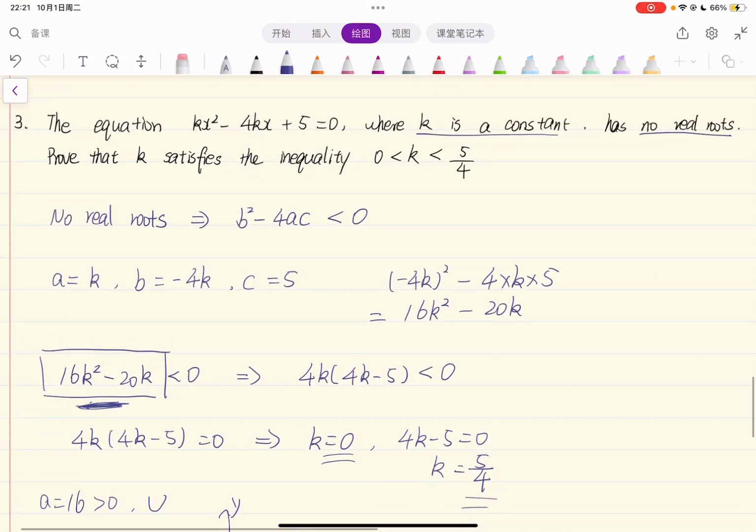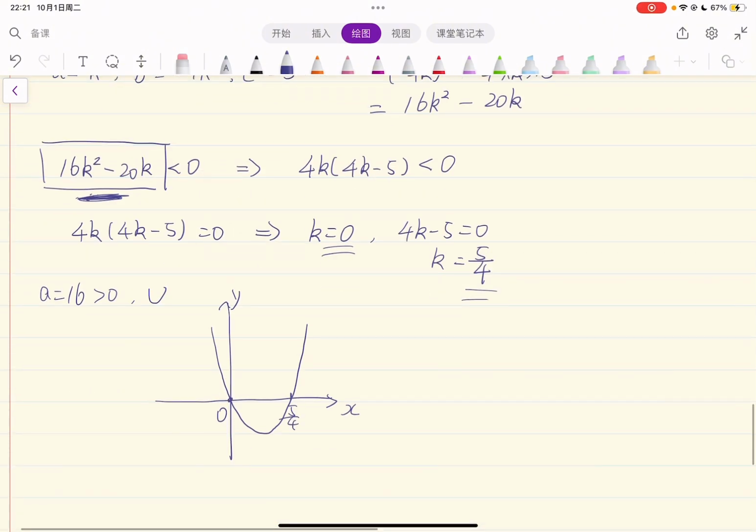And then we want to find the values where 4k times (4k minus 5) is less than 0. Less than 0 means the values when the curve is below the x-axis.